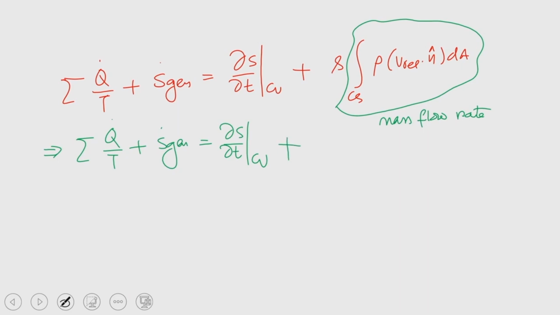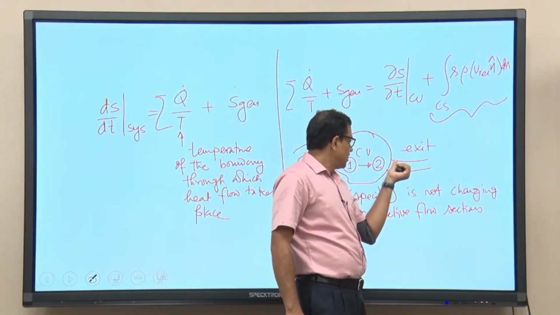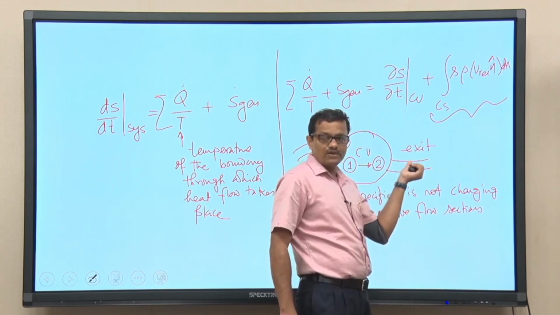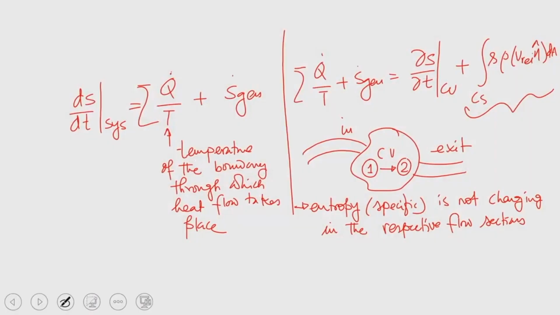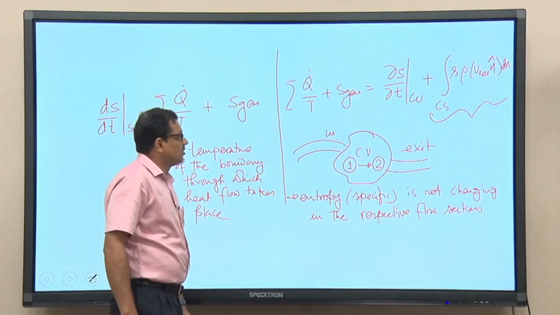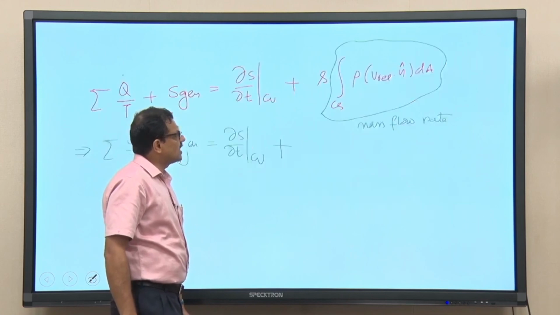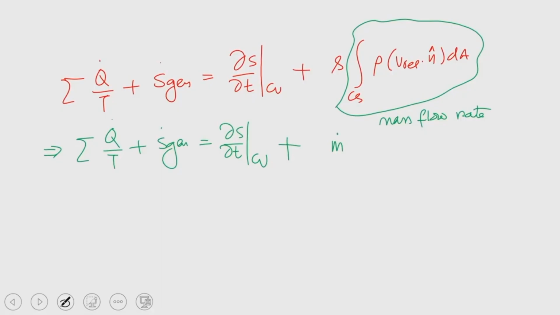So, this convention we know that for the outlet, the outward normal and flow direction are in the same direction, whereas the outward normal for the inflow is opposite to the flow direction. So, considering that we can write m dot exit into SE minus m dot inlet into SI.